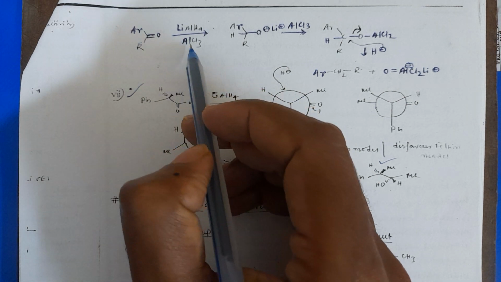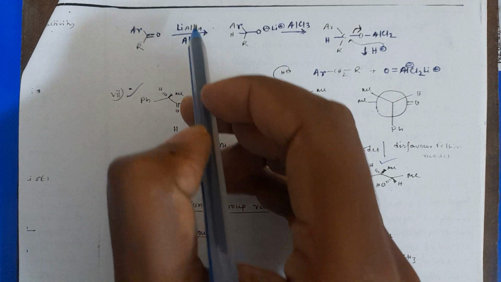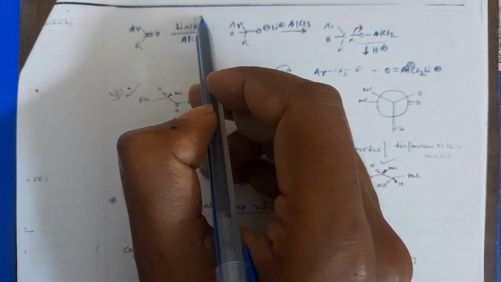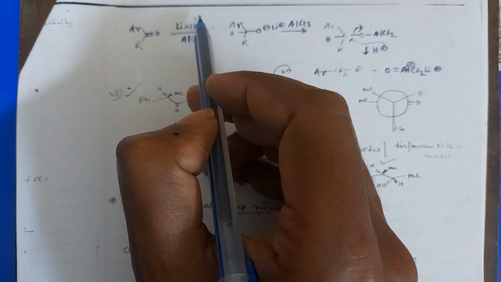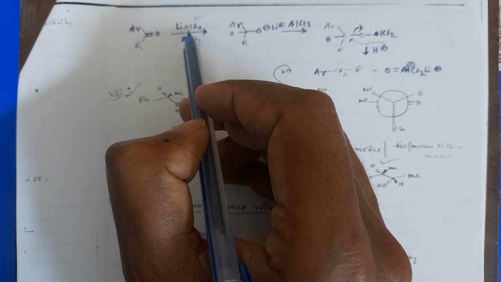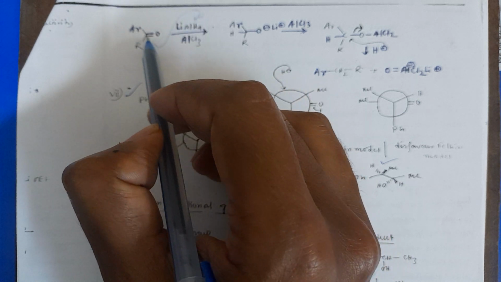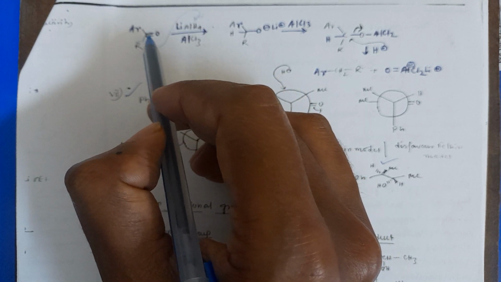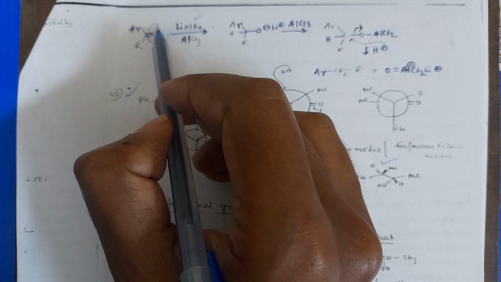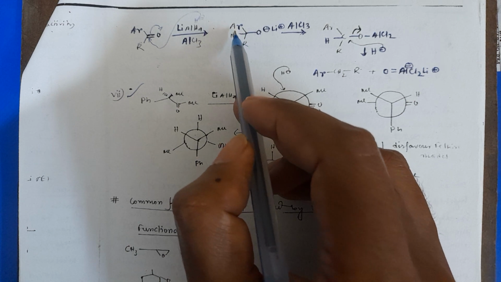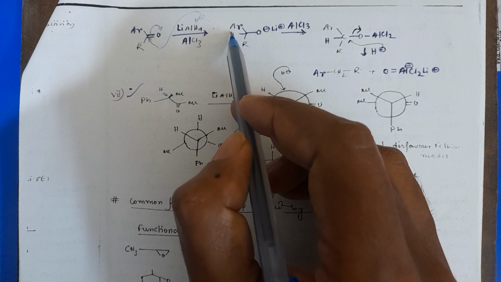Now in the first step, one of these hydrides, H minus, coming from the anionic part of lithium aluminum hydride, will attack the electrophilic center of this ketone compound, and the carbon-oxygen bond opens up, forming this kind of tetrahedral intermediate.